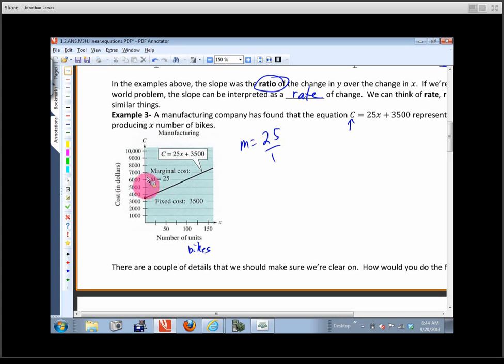Dollars. Okay? And what's the unit going right and left? Right. So if I were to draw this right here and do a little rise run, the units here would be bikes, and the unit here would be dollars. So if I have dollars here and bikes on the bottom, so this is dollars per bike.